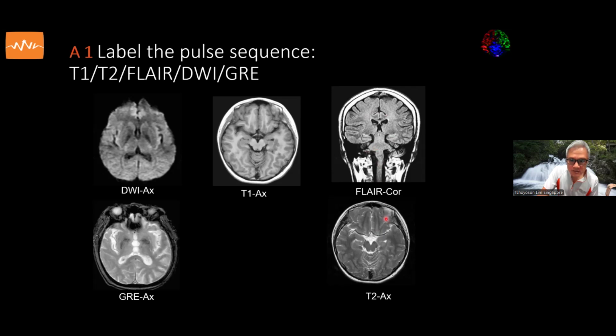FLAIR is the T2 information without the glare of the CSF, because we've nulled the CSF to make it hypointense. Gradient recalled echo and susceptibility weighted imaging is looking for low signal from iron and calcium. And the low resolution picture is usually diffusion weighted, very good for detecting cerebral infarction.